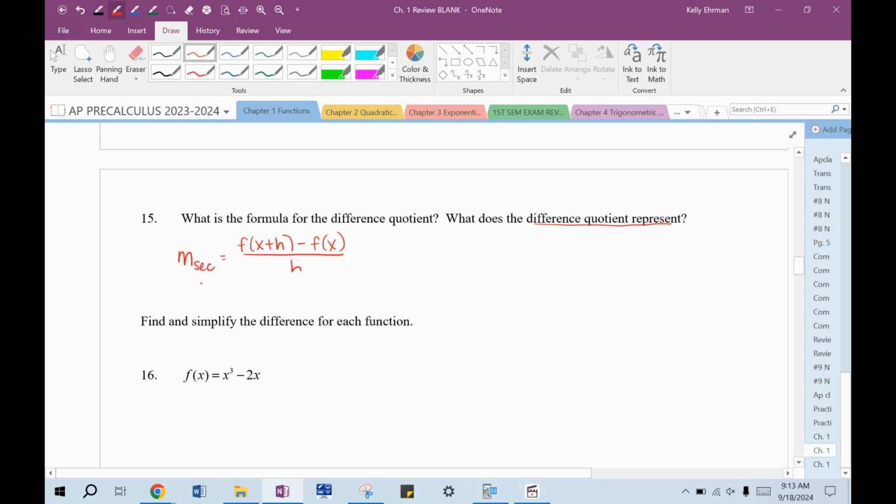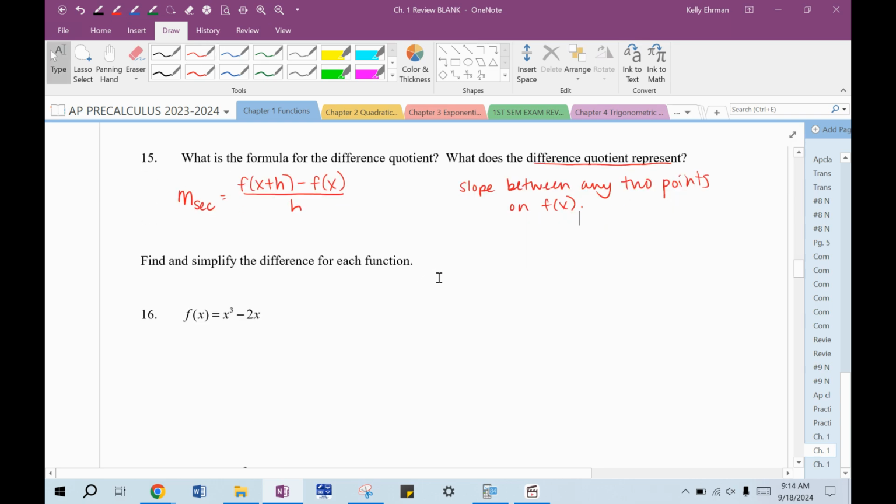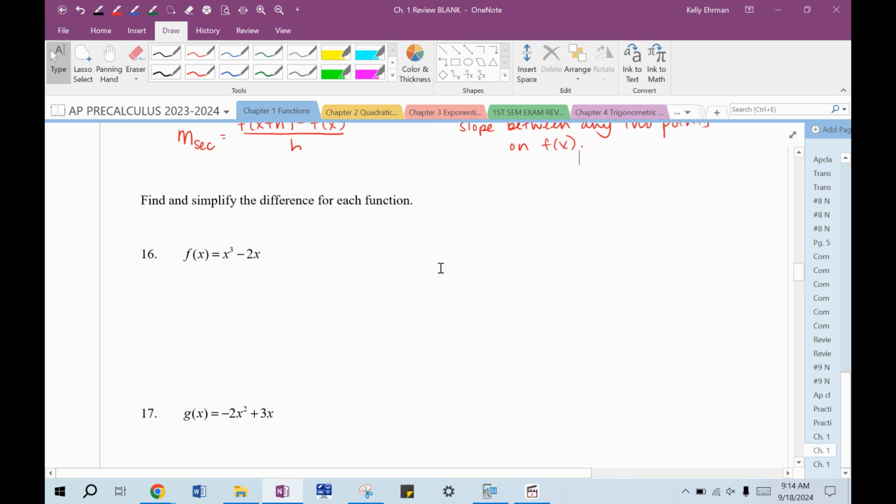I kind of have it in the equation. It is the slope between any 2 points on f of x. The h is just like how far apart are the 2 points. You don't have to put that in. All right, so find and simplify the difference quotient for each function.